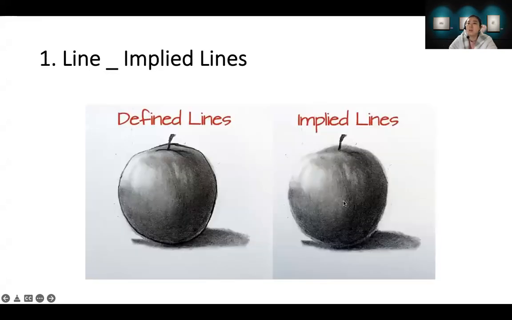Here is a similar concept with the contour line, which is called implied line. The apple doesn't have any defined line, but we can see there is an apple because it is drawn with drawing skills. So that is implied line.